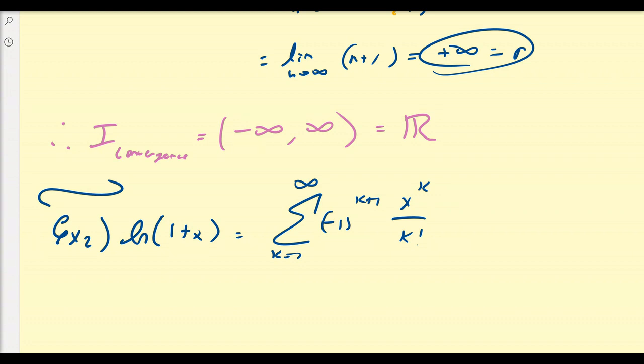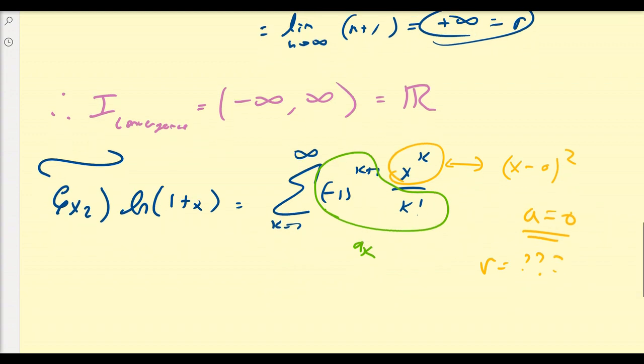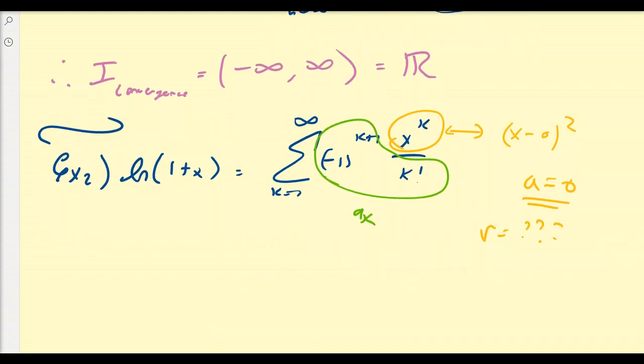So we see that this is my constant, a k, and this expression is the same thing as writing x minus 0, the quantity to the k. So a is equal to 0, and our goal is to find what r is, to find the radius of convergence, to find the interval of convergence. So r is going to be equal to the limit as n goes to infinity of a n divided by a n plus 1, the absolute value.